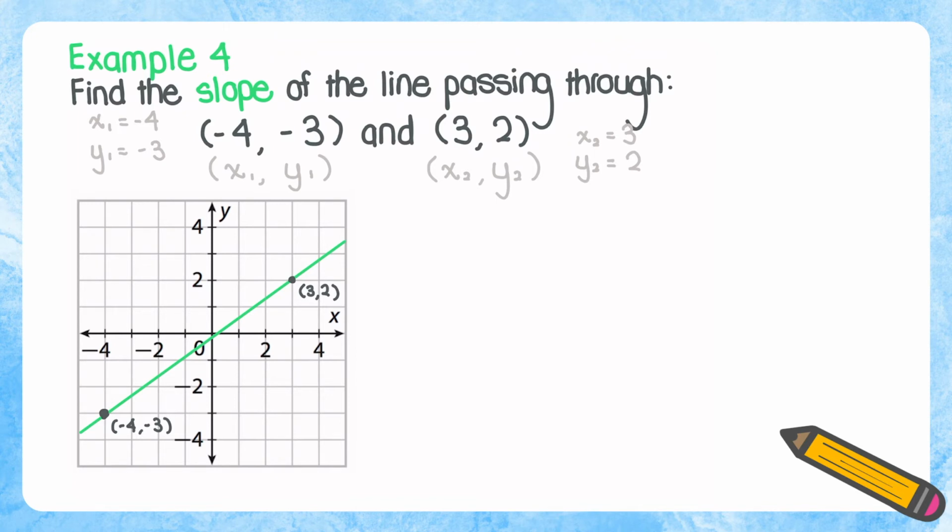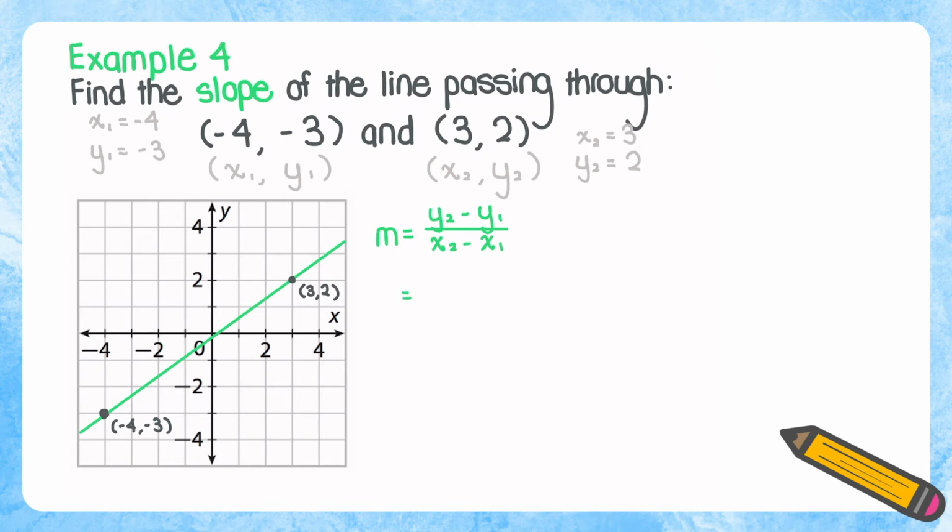So the formula again is m equals y sub 2 minus y sub 1 over x sub 2 minus x sub 1. And so let's start replacing each one.